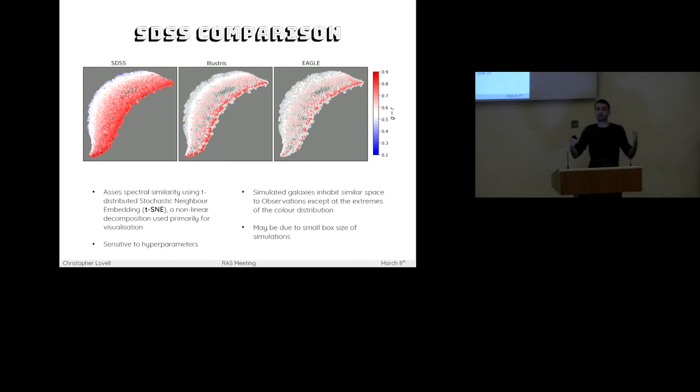But we also have quite small boxes from Eagle and Illustrious. We don't sample many extreme environments, such as massive clusters, where you may see more of these very, very red or very, very blue star-forming objects. So using larger, better simulations, you'll get a more representative training set.